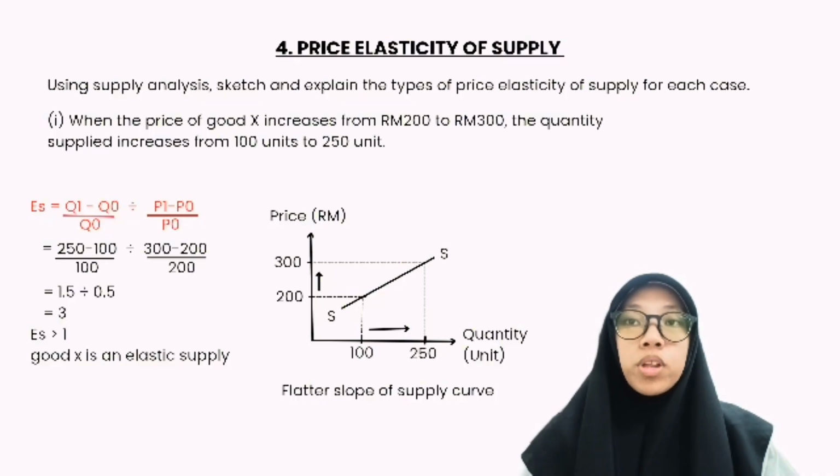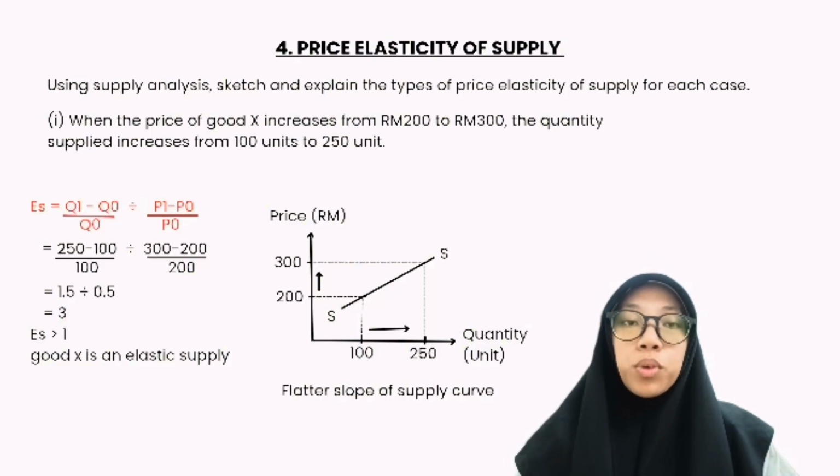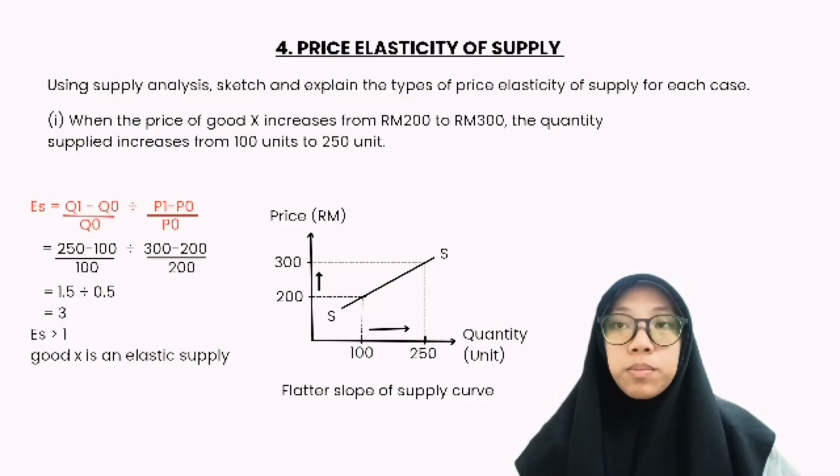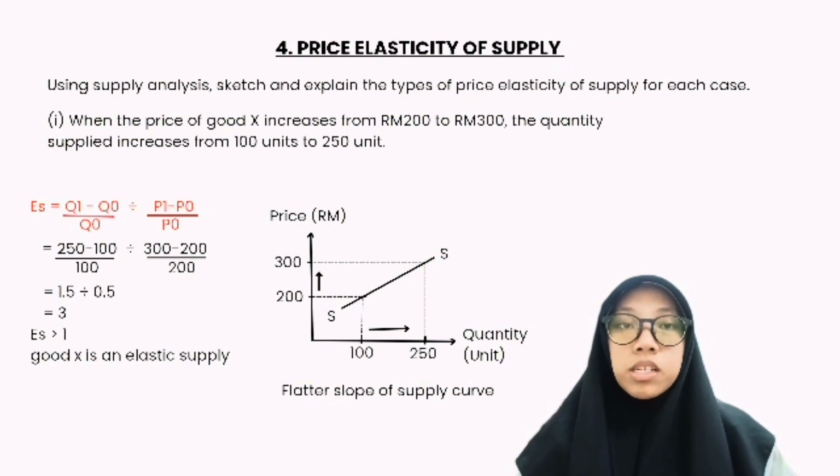First question: when the price of good X increases from 200 ringgit to 300 ringgit, the quantity supplied increases from 100 units to 250 units. We use the formula of elasticity of supply, which is (Q minus Q0) divided by Q0, over (P minus P0) divided by P0. We put all the numbers into the equation.